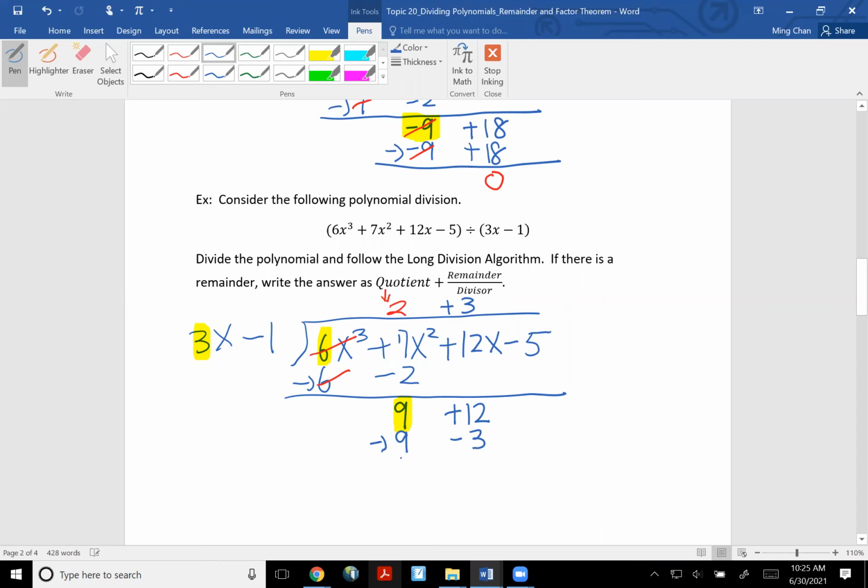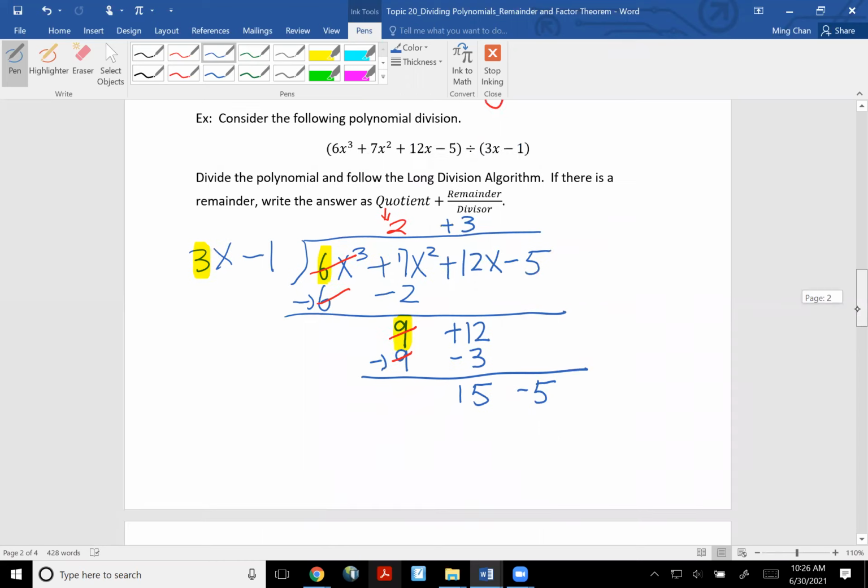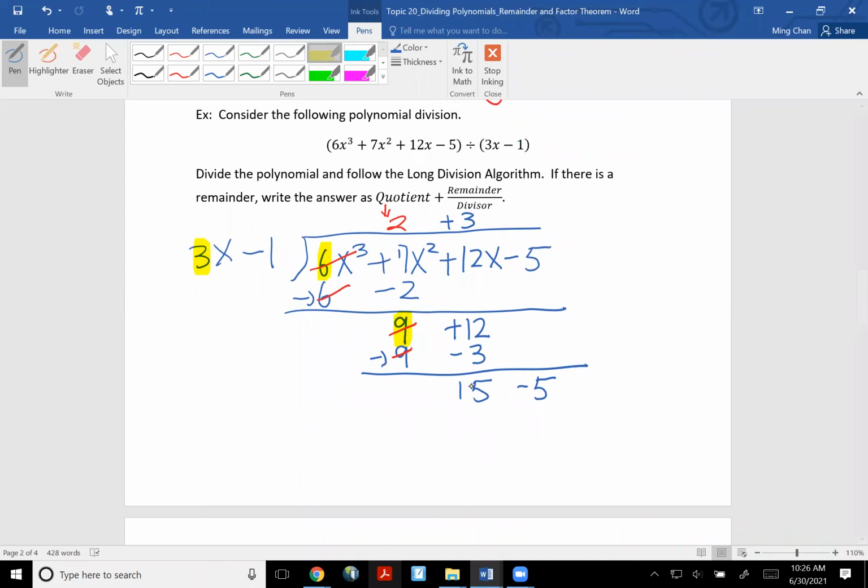Long division, we will subtract. 9 minus 9 cancels out. 12 subtract -3 should be +15. Bring down the last term, -5, and start the process over. Now my first term on the inside is 15.